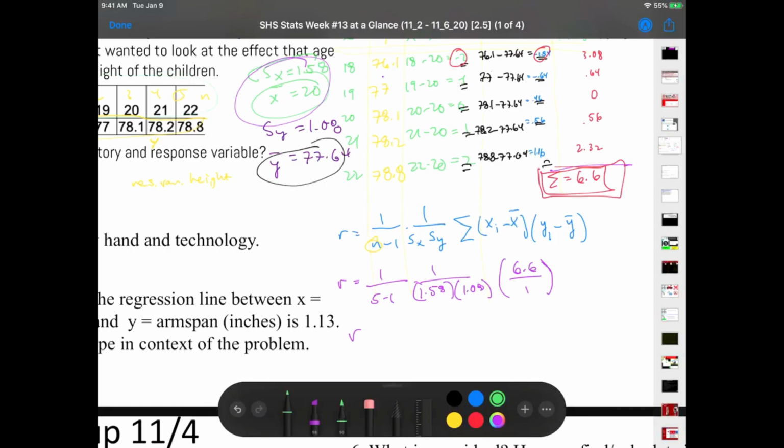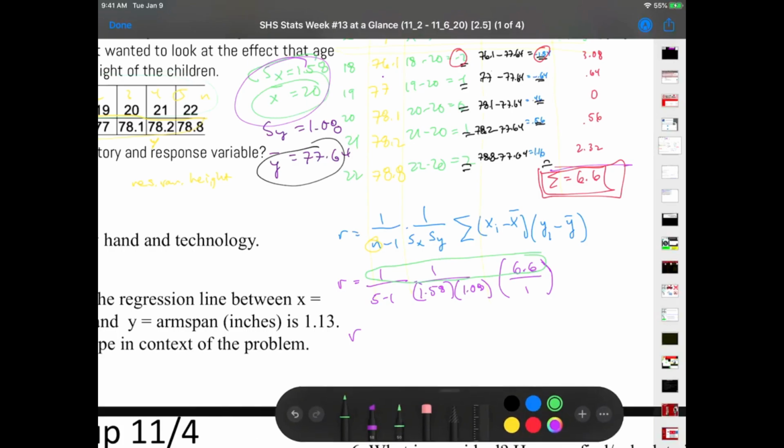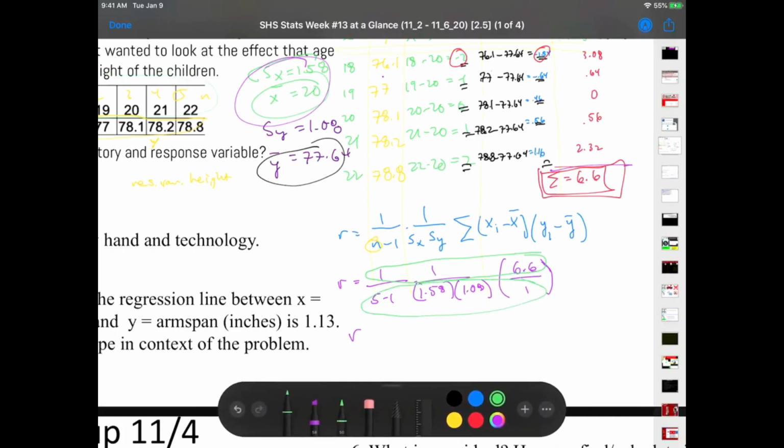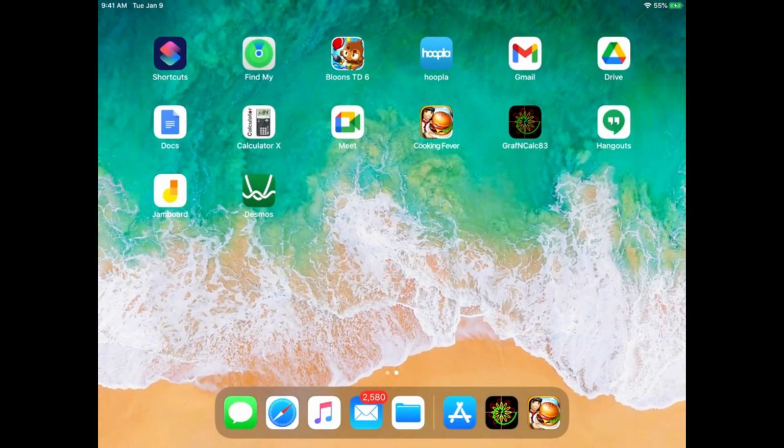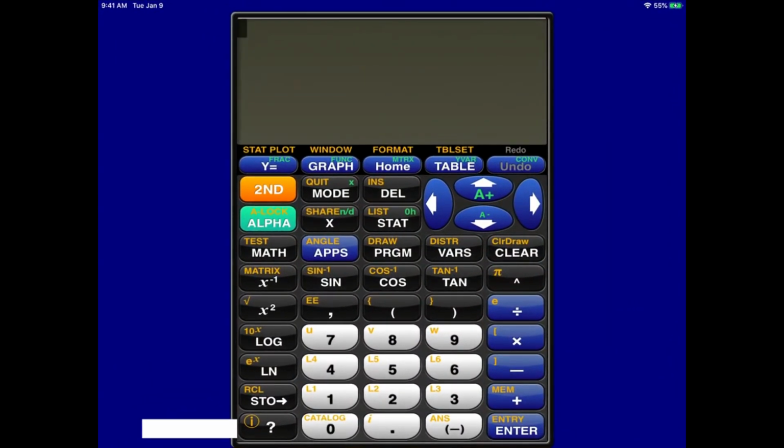So I'm going to multiply all of the numerator in green, and then we'll multiply everything in yellow. Or you can just do 1 divided by 4. So that's the n minus 1, 5 minus 1 is 4. Okay, this one I'm going to use double parentheses. That's my numerator, and this is my denominator, 1.58.